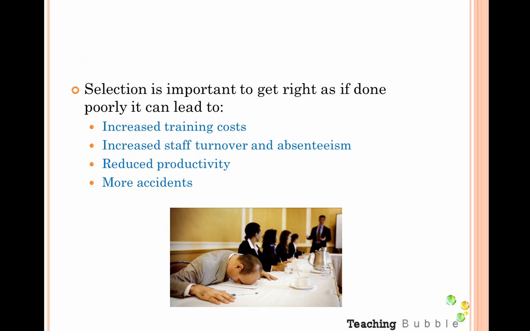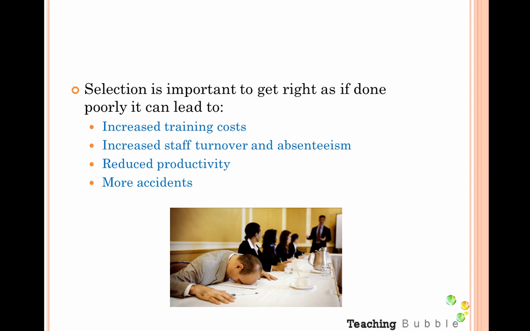So it's important to get selection done correctly, because if it's done poorly, there's increased training costs. It might be that you have to retrain the employee over and over. Staff turnover is increased, as well as staff absenteeism, because they're just not good for the job. So that's not a good fit for the organisation, and they're not happy being there either.